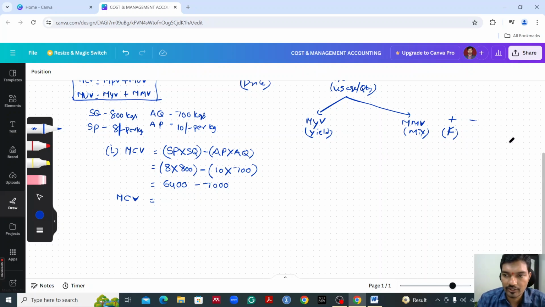And if we get the negative value, we should write A. A means adverse. So here we got a negative value of 600, so we should write A, adverse.